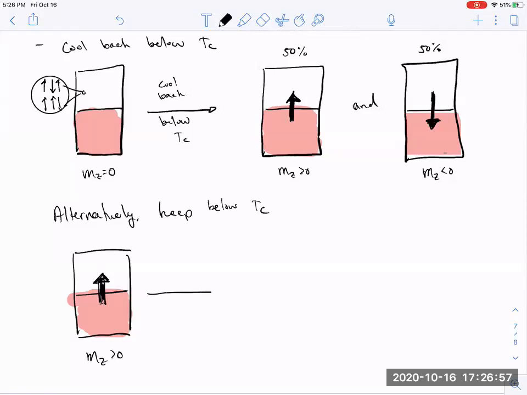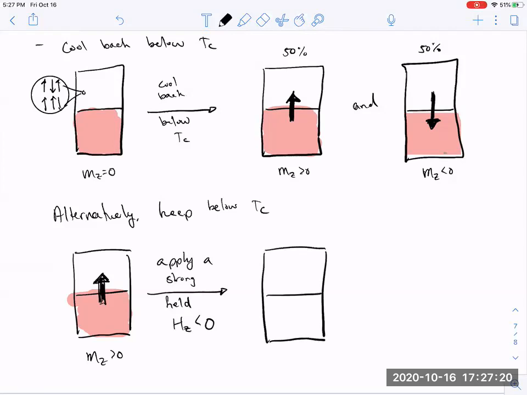If we applied a really strong field, let's call it hz, which was really, really negative, we could force the magnetic moment to realign and point down.